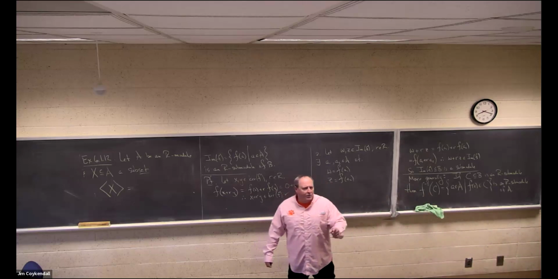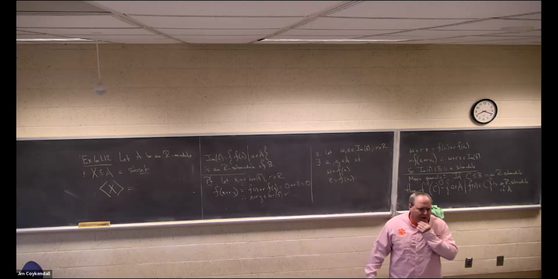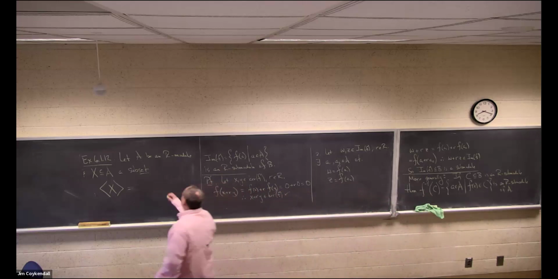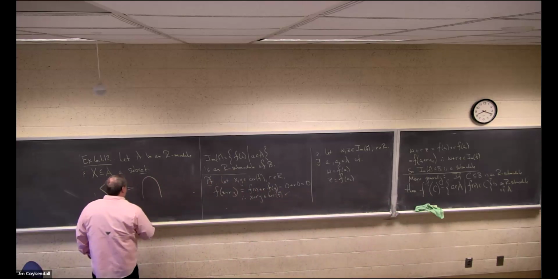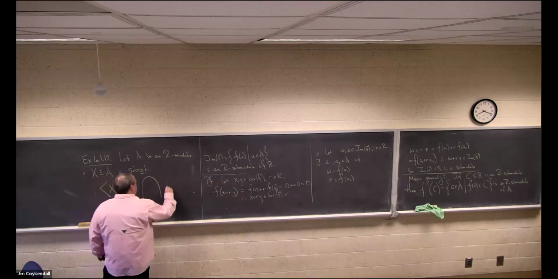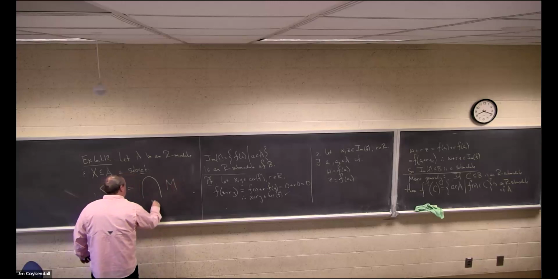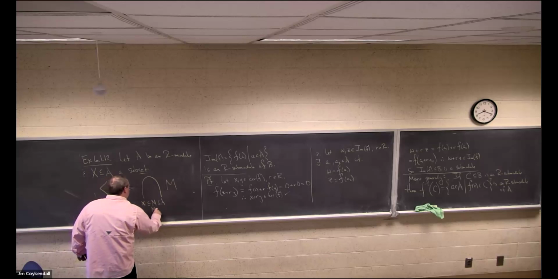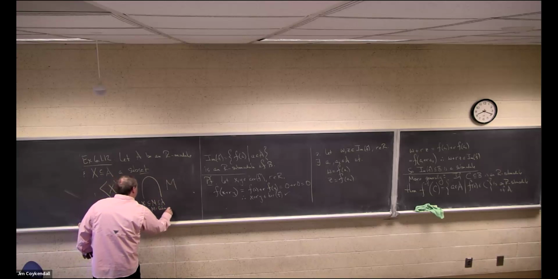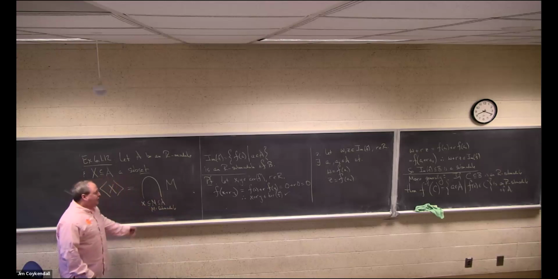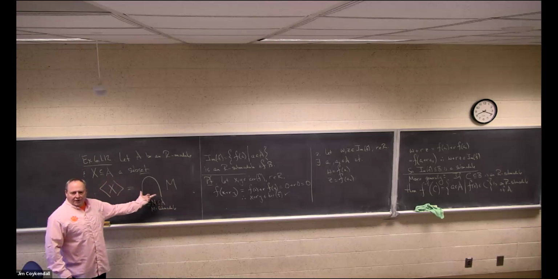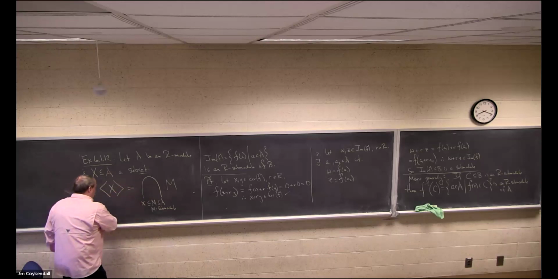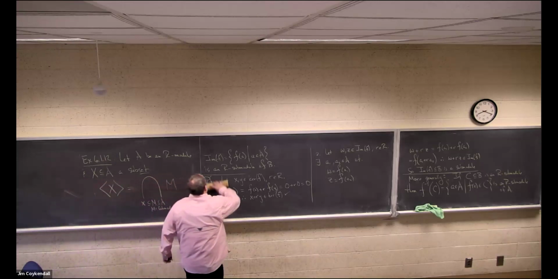I agree with you. Whereas, how do you define smallest? Okay, there you go. Good, good, good. The intersection: you take every submodule of A that contains that set X and you intersect.